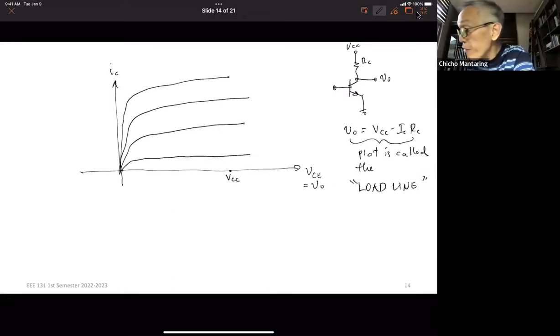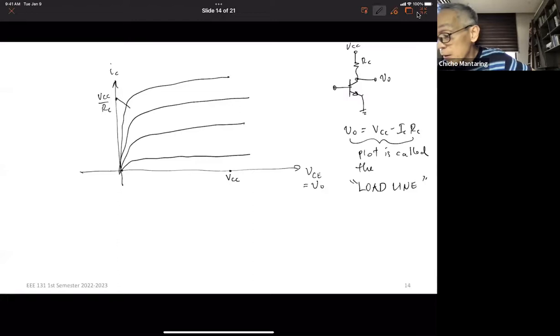On the other hand, when VO is equal to 0, that is, I'm somewhere here. This is the line VO equal to 0. My IC is just VCC over RC. So I'll have here VCC over RC. Okay. So if I plot this line, this is now my load line.